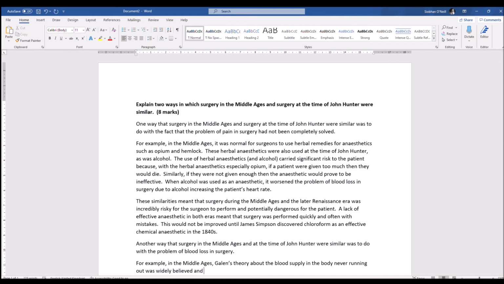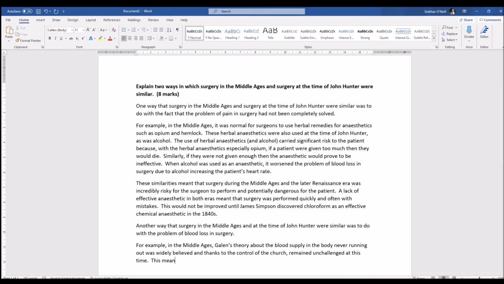And thanks to, let's add a bit of religious sprinkling in here, thanks to the control of the church, remained unchallenged at this time. This meant that blood loss was not seen as the significant problem that it actually was.